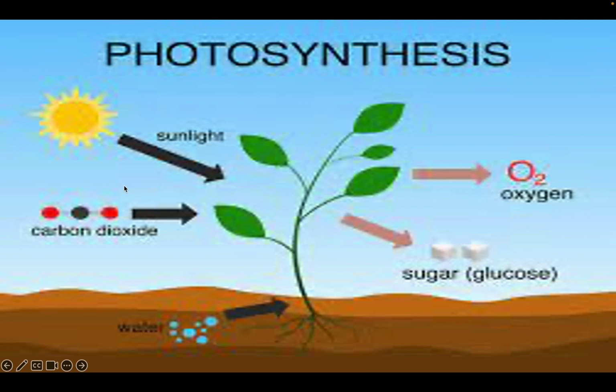On the other side, carbon dioxide also enters through the leaves, and also sunlight is there which is falling on the leaves. Once this chemical reaction happens, glucose is produced, the food is formed, and it is stored in the plant in the form of starch. And oxygen is given out in the air, which is given to us and we inhale it.